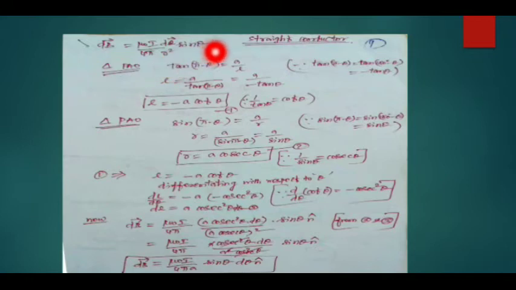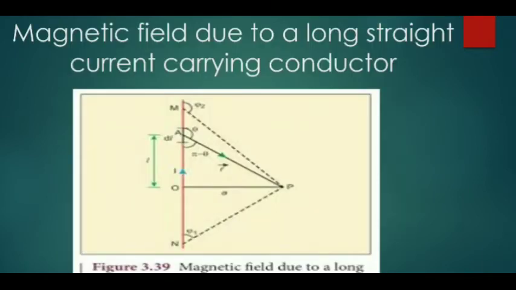Now consider the triangle PAO, and another triangle is PAM. So this is one triangle, POA, and another triangle PAM. From this triangle I'm calculating.